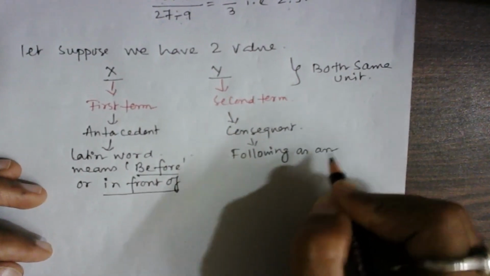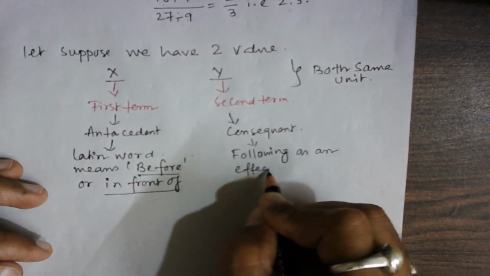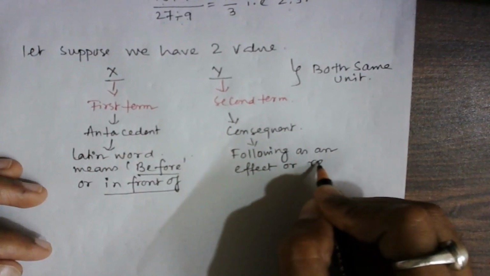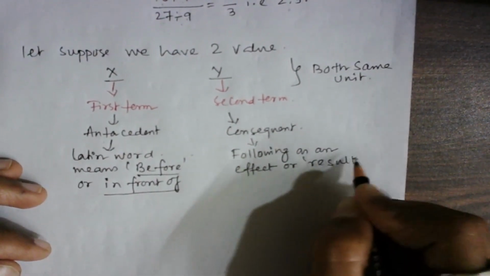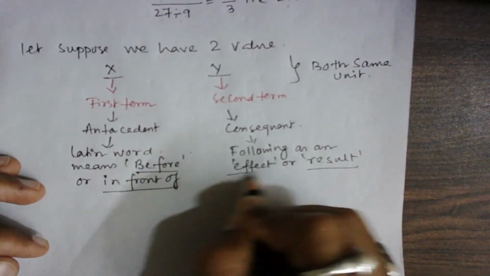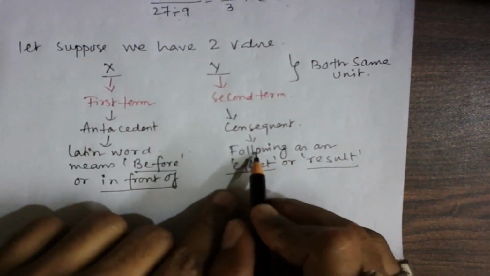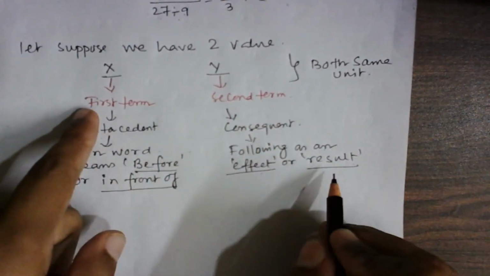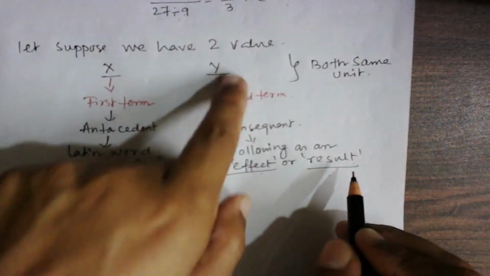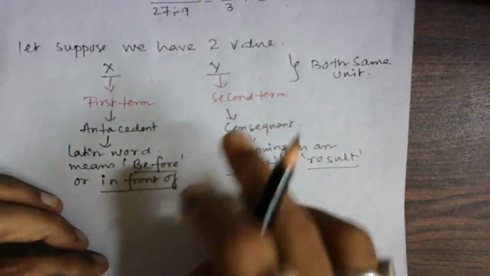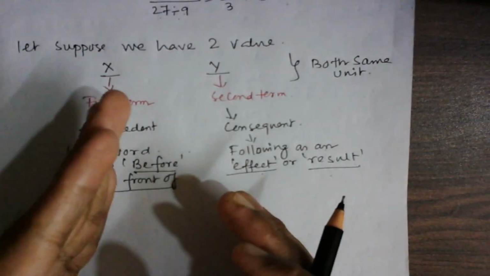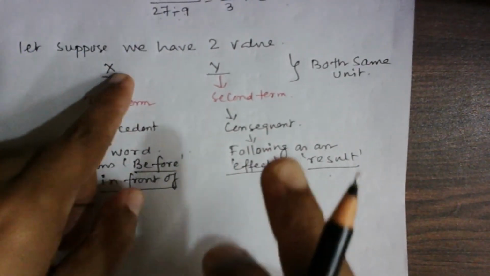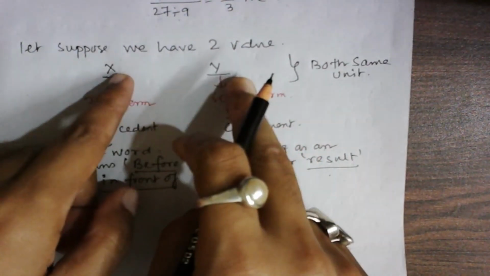The actual meaning is following, as an effect or result. That is what the meaning depicts. Consequent means we are following something as an effect. Due to the first term, our result is this. This is why it is called consequent. So antecedent is the first one, consequent is the second term.